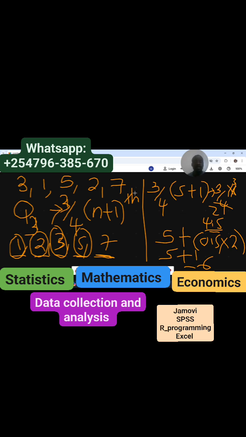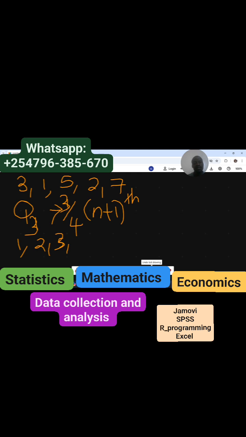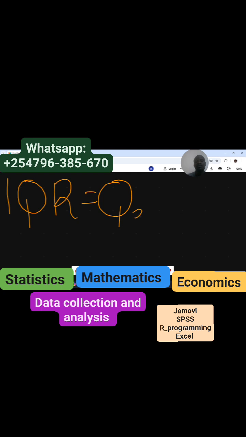So that is it. Now let's calculate the interquartile range of this, which is called ungrouped data. We've not grouped this data set. Grouping data means you write it maybe in terms of 1 to 5, 6 to 10, 11 to 15, 16 to 20, and then you proceed like that. The interquartile range, commonly known as IQR, is the upper quartile minus the lower quartile.